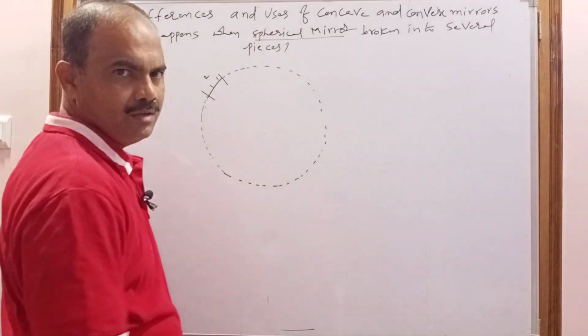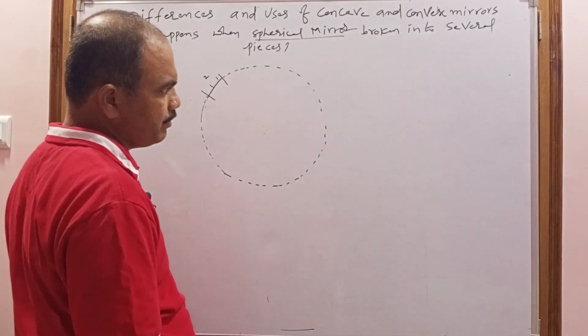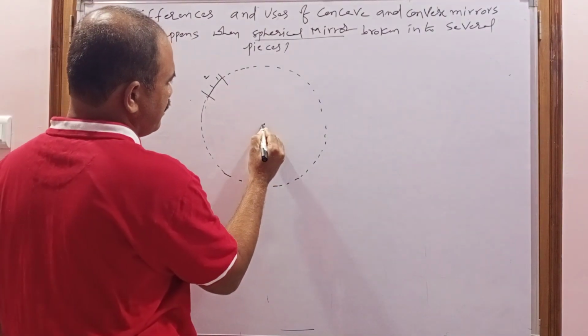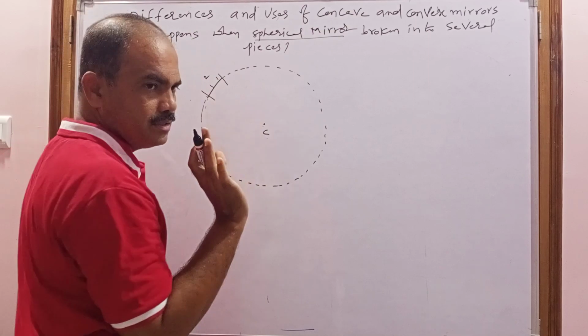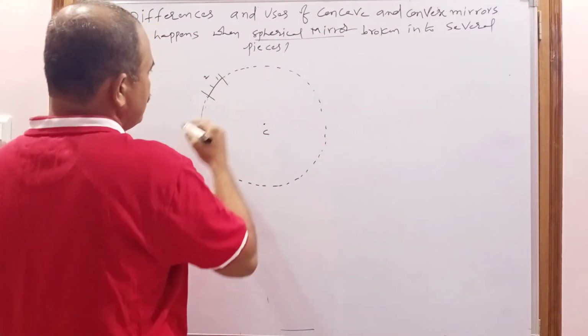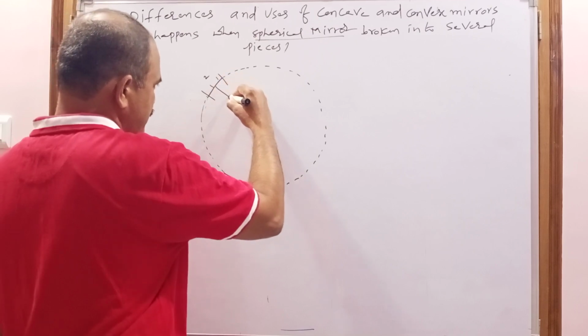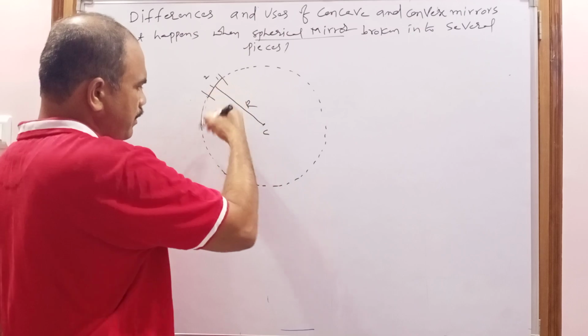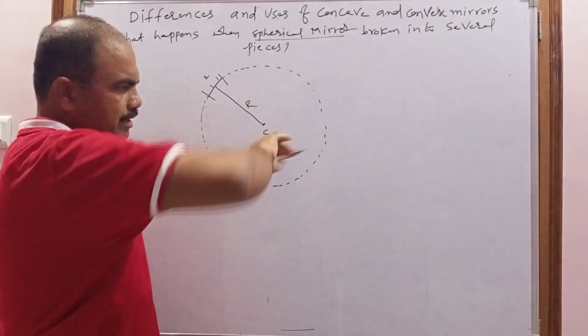Now what changes do you notice, or what cannot be changed, do you notice? You notice that the center of curvature for this piece is also the same as that of the concave mirror. So the distance between this piece and the center of curvature, also called the radius of curvature, will be similar to the radius of curvature of the concave mirror.